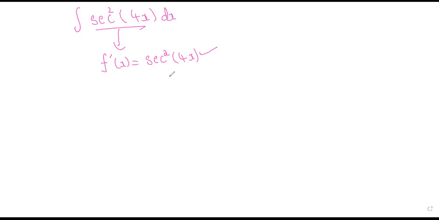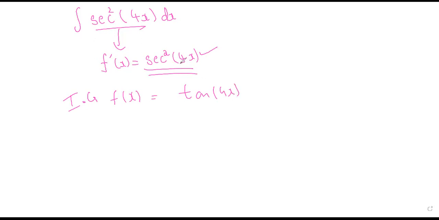So we need to think of a function whose derivative is secant square 4x, right? So what? Tan x. Yeah, very good. Excellent. This is the initial guess, that our function would be tan 4x, right, Anjali?